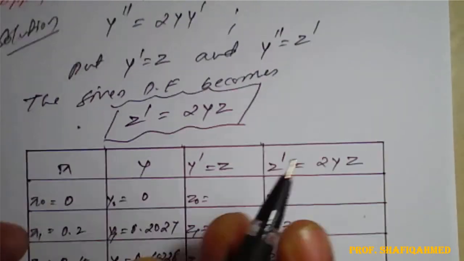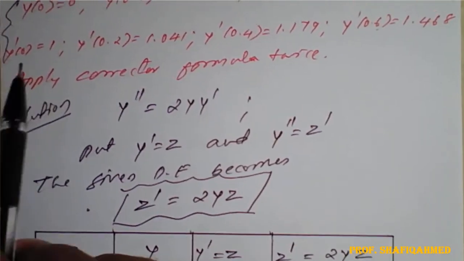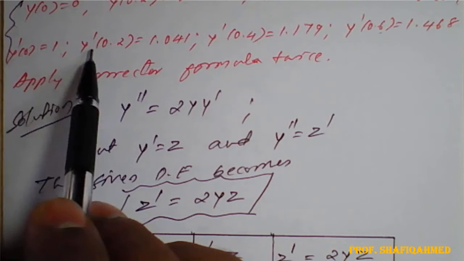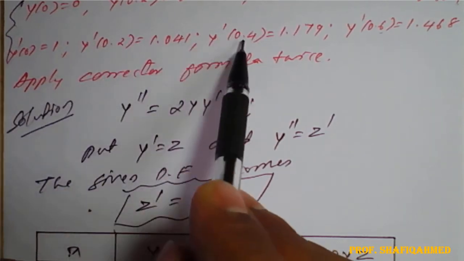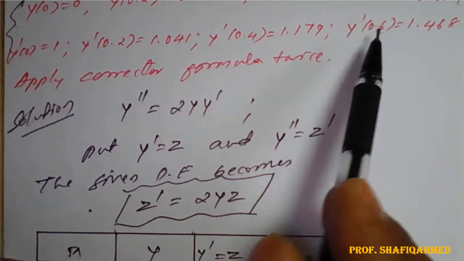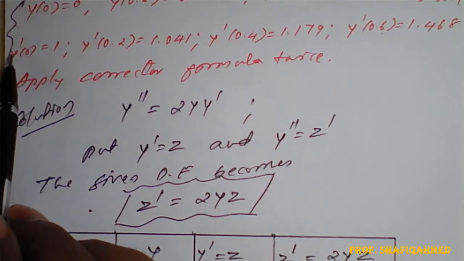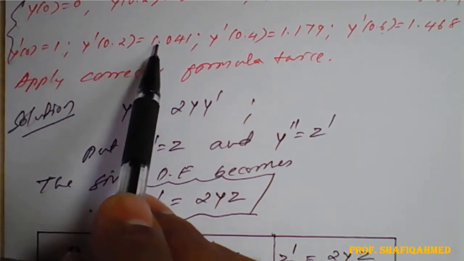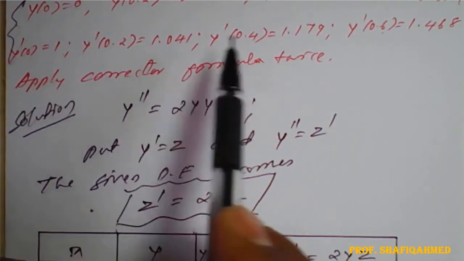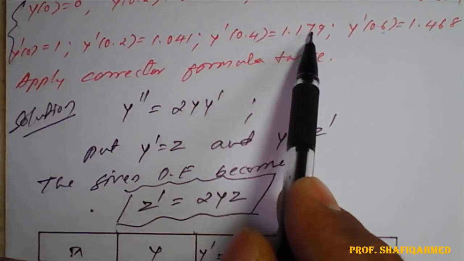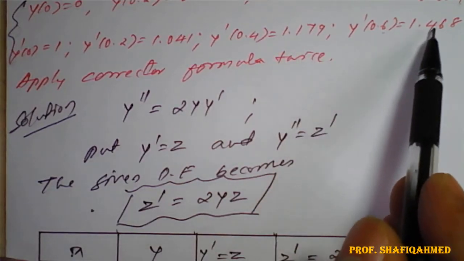Similarly, from the question, y dash of 0, y dash of 0.2, y dash of 0.4, y dash of 0.6, where y dash is nothing but z. So z0 value is 1, z1 value is 1.041, z2 value is 1.179, z3 value is 1.468.